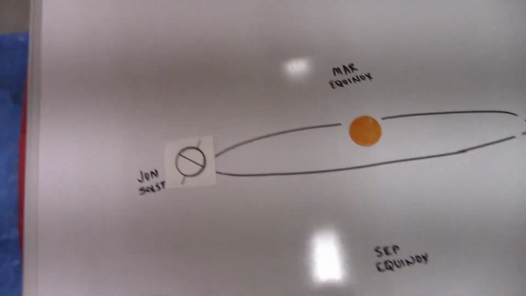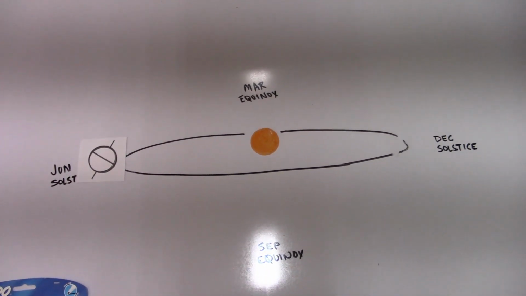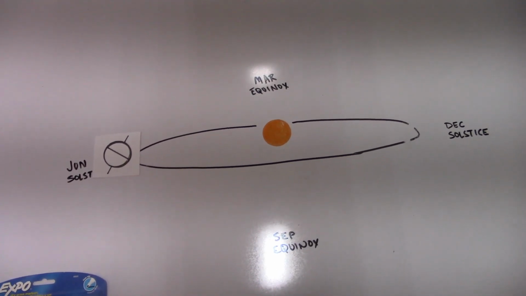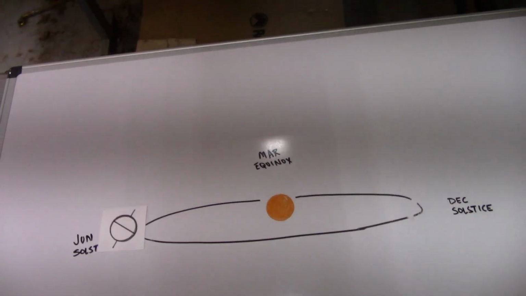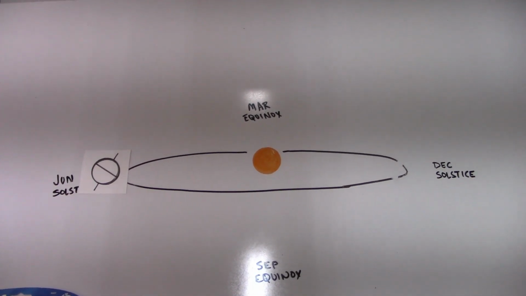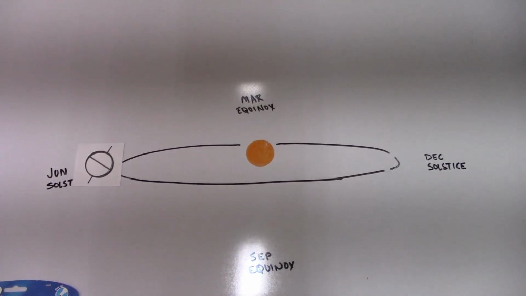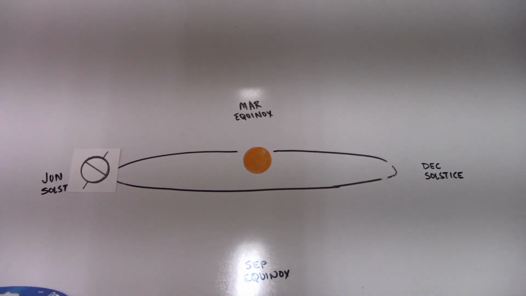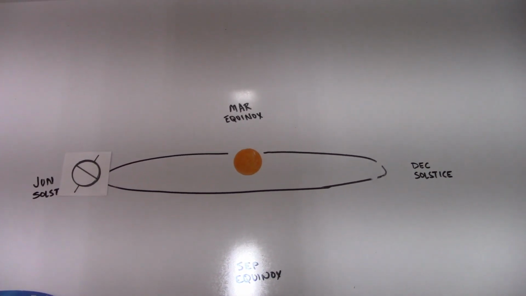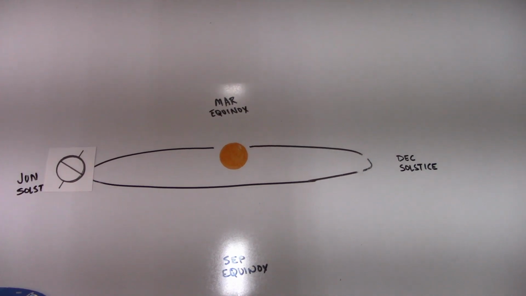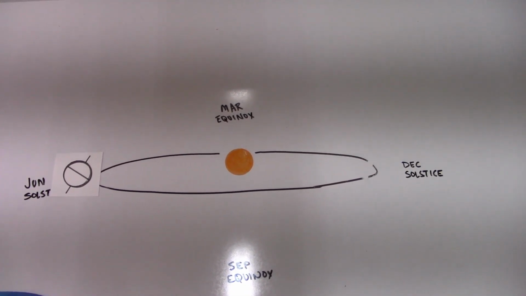Well, first of all, they'll say it's so far away that the distance is just so far away. Well, okay, if the distance is so far away, then how do we know it's even pointing at Polaris?